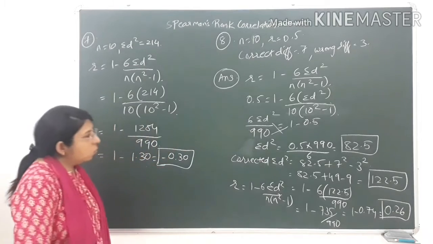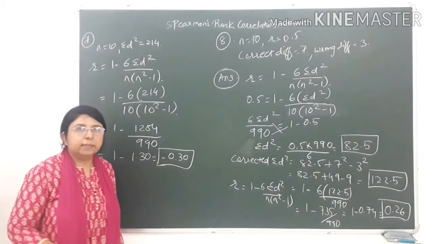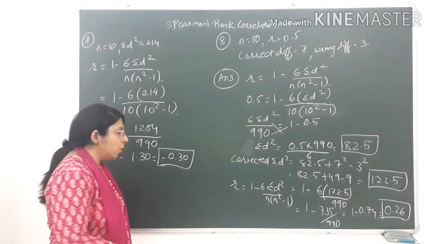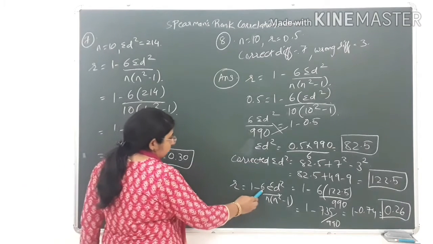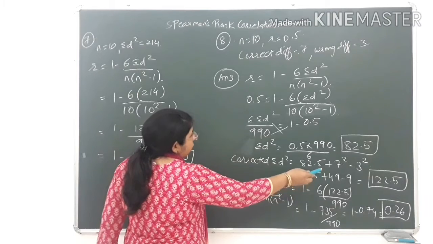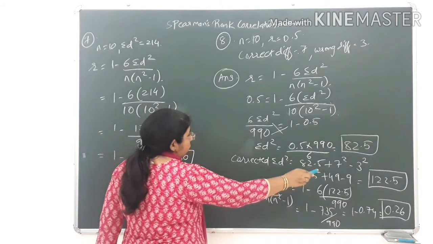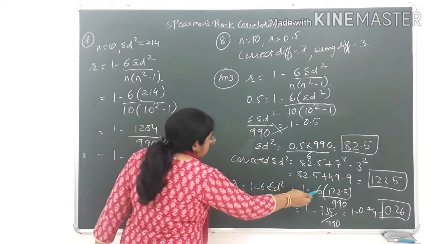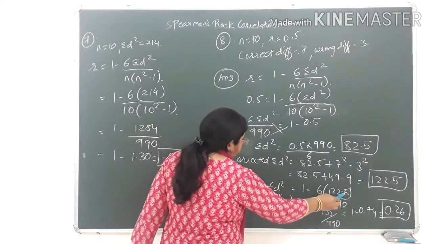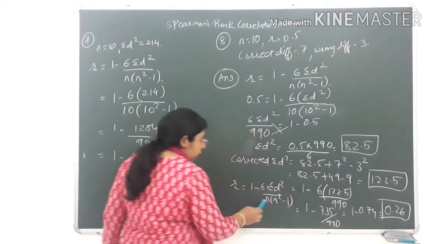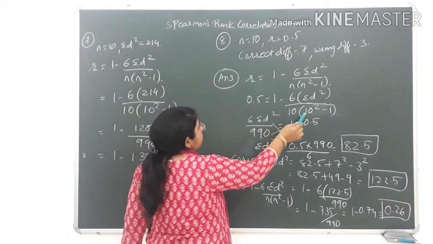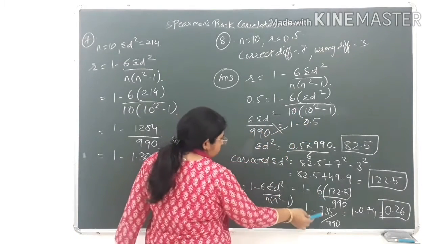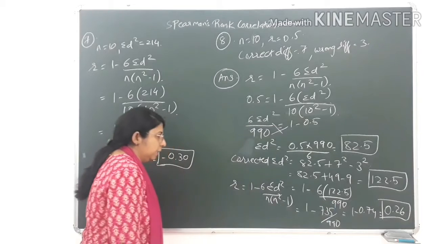that is 122.5. Now with that corrected value of sigma d square, again you have to find the value of r. 1 minus 6 into bracket, now you will write not 82.5 but 122.5. So 6 into 122.5 upon, I have directly written over here because it is now very easy for calculation, 10 square minus 1 upon 10, so into 10 it comes to 990.